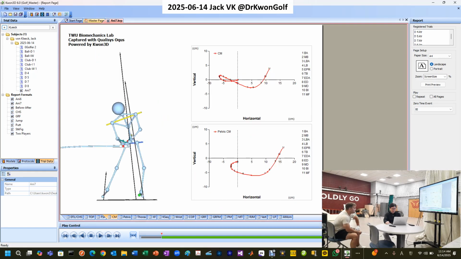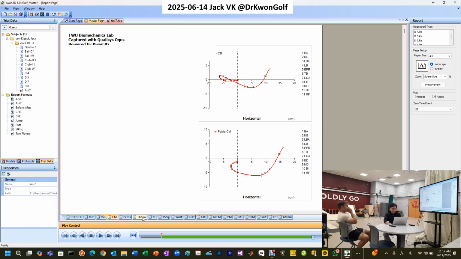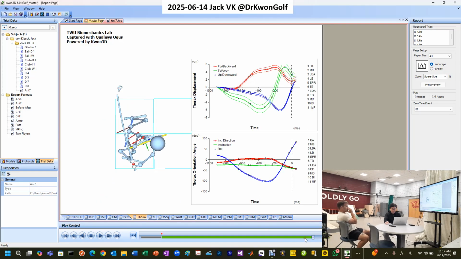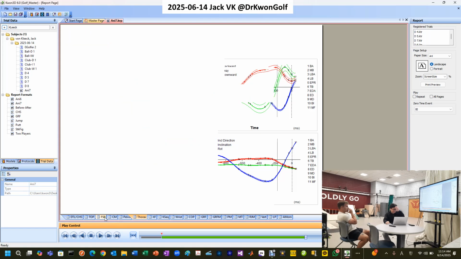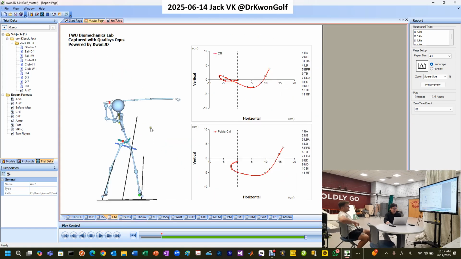So I see here that your body is sliding quite a bit. Even at this point, your pelvis is already sliding this way. The whole upper body is leaning. If you look at the thorax and the overall alignment of the body, particularly the abdomen area, it is leaning quite a bit in the away direction.